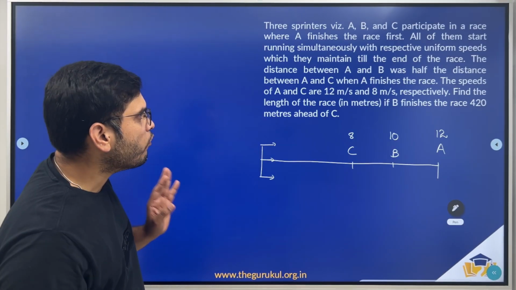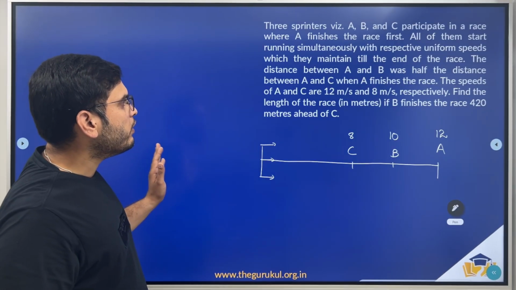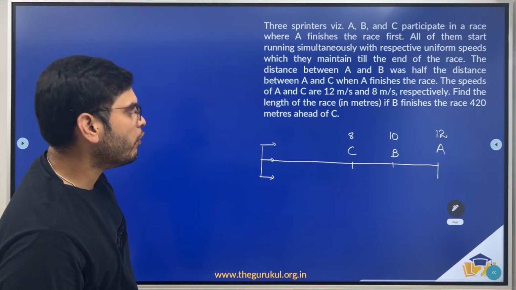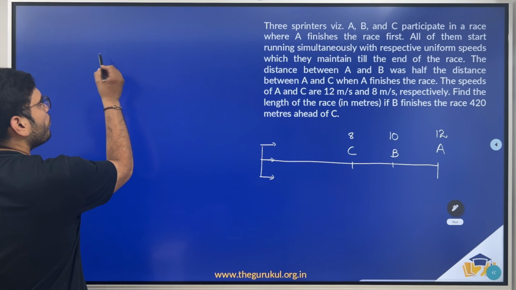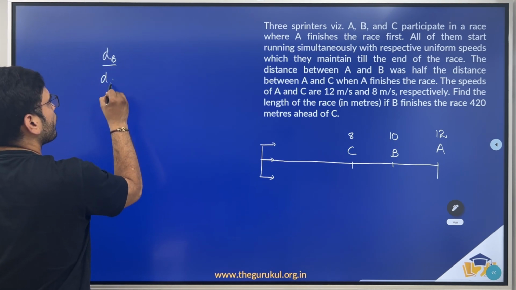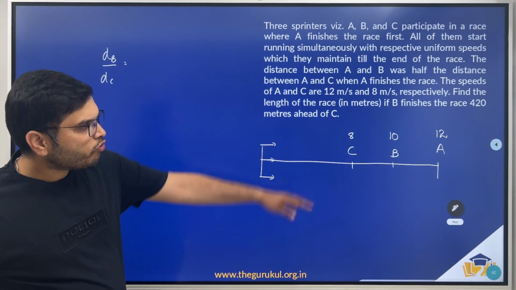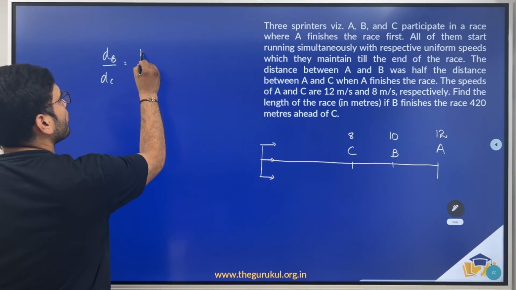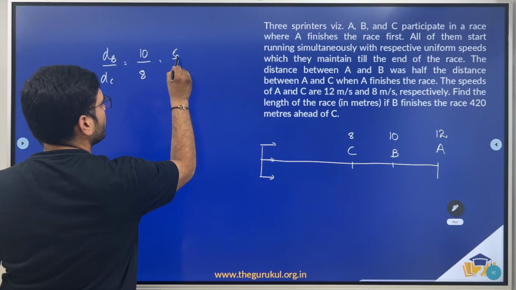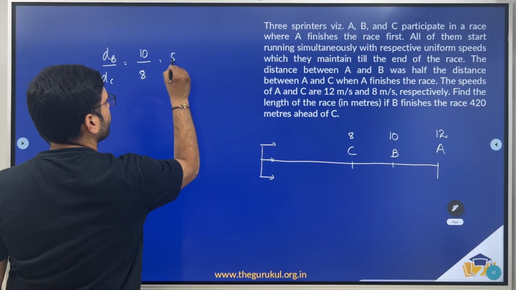Okay. Then what? We are asked to find the length of the race if B finishes the race 420 meters ahead of C. Now, what would be the ratio of distances covered by B and C? It is the ratio of their speeds. What is the speed of B? 10. What is the speed of C? 8. So, distances covered should be in the ratio 5 is to 4.